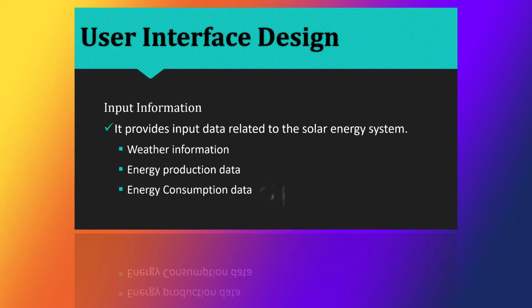So what we are doing is the weather information is collected through the sensor. The energy production is collected from the solar energy panels, that is from the sensor put there, and the energy consumption is from the consumption output in the battery management system. So that's how the system is managed.